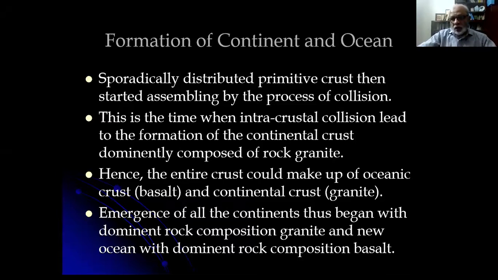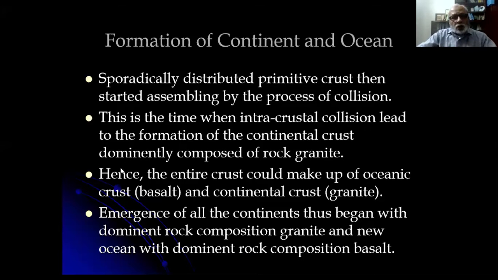So the sporadic hard parts of the surface started to assemble together, and this is the time of intracrustal collision, that means the solid parts started colliding with each other, and the crustal composition started to change. The initial crustal composition or rock, the hard part, the crust, which was the basalt, some part of the basalt converted to granite.